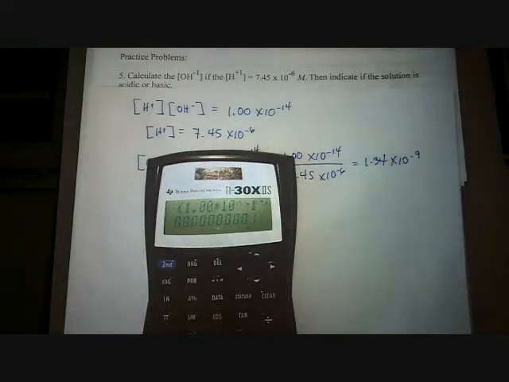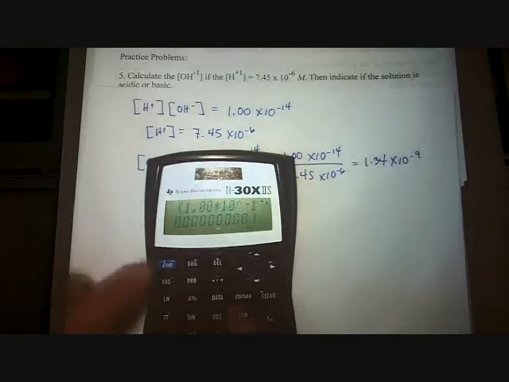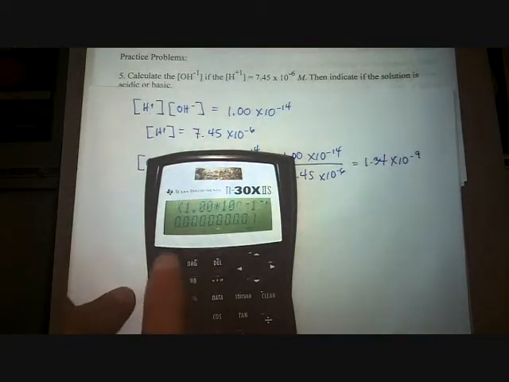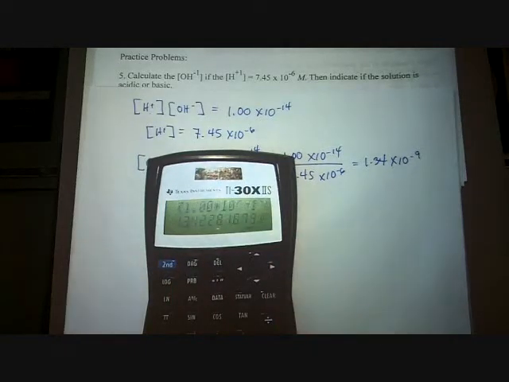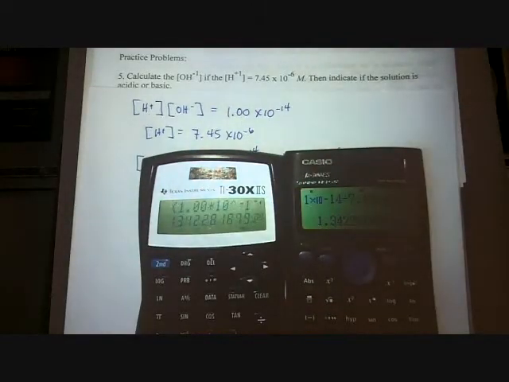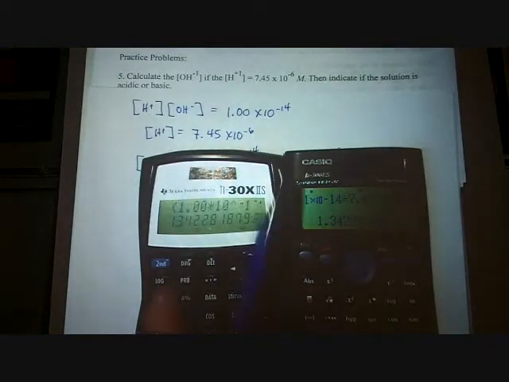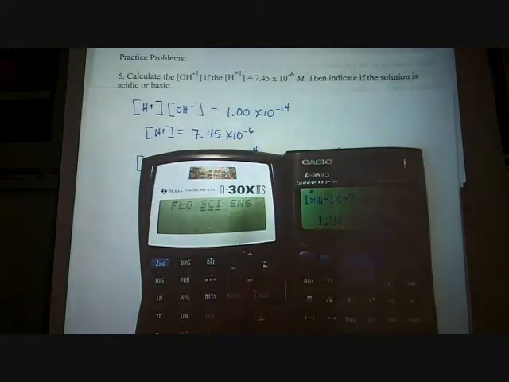If you get something like this, then you actually need to go to scientific notation. Do that by hitting second, and then this button here, which says psi, go 1 over, and you'll get the same number that I got. So second, this button, and then scoot over. Second, that, hit psi.